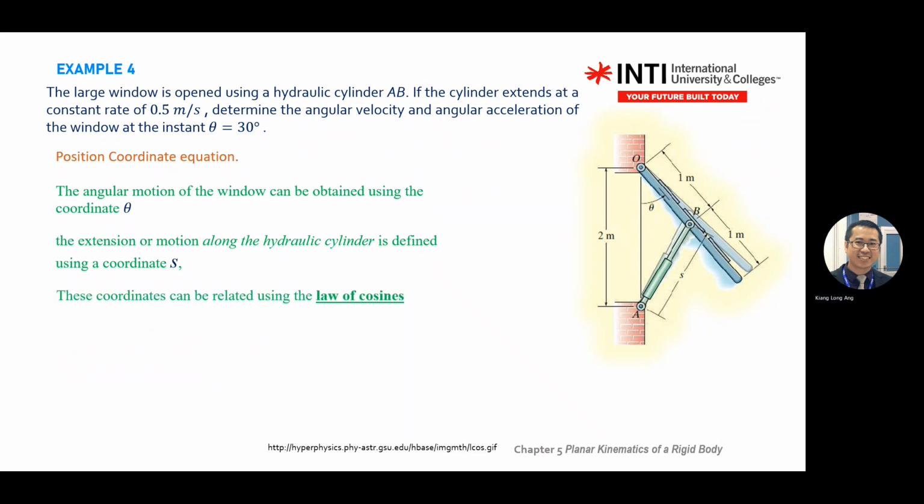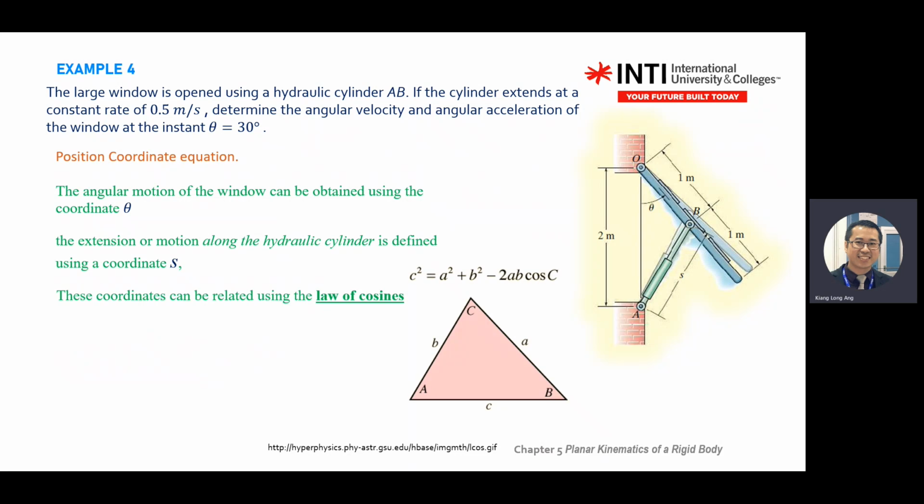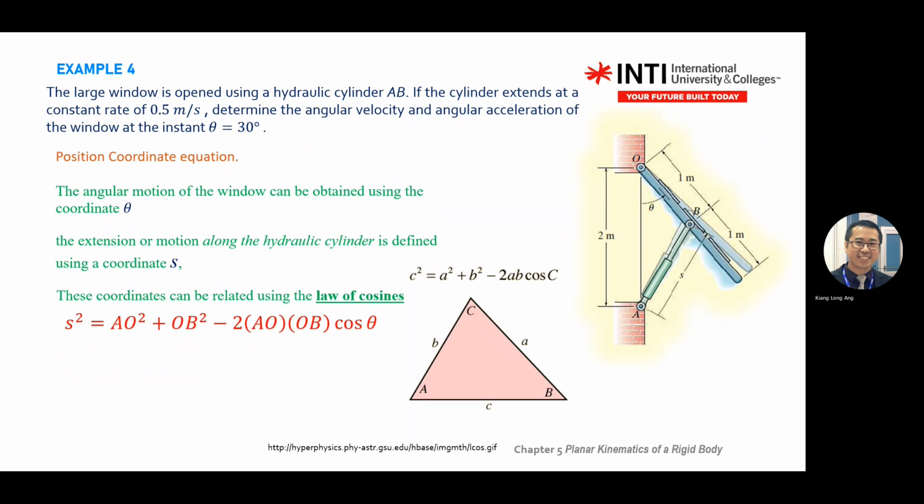Again, cosine rules. It's important and it's not given in the exam. If you draw this diagram and compare side by side with cosine rules, S square equals OA square plus OB square minus 2 OA OB cos theta.